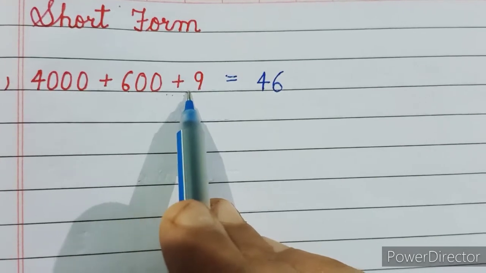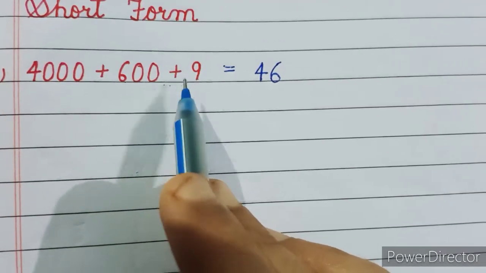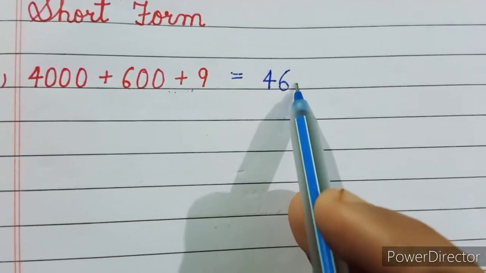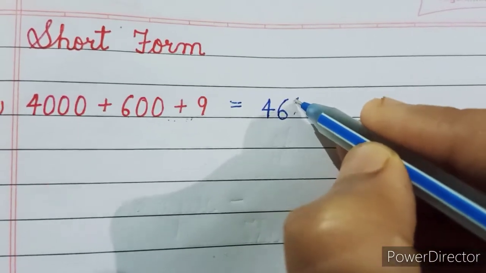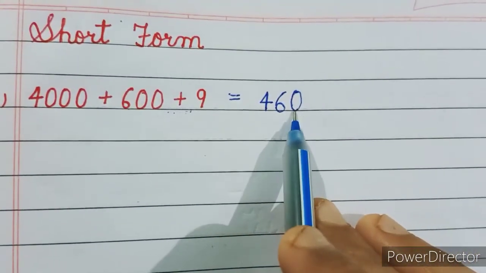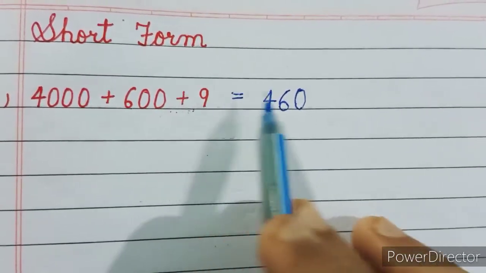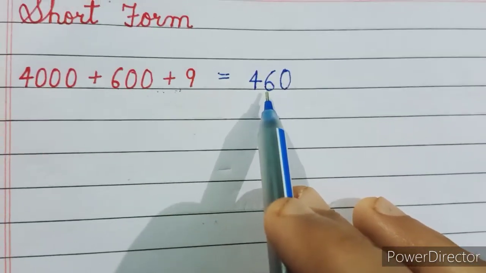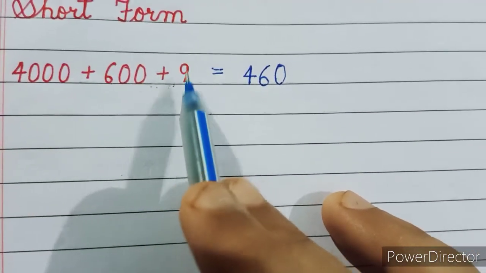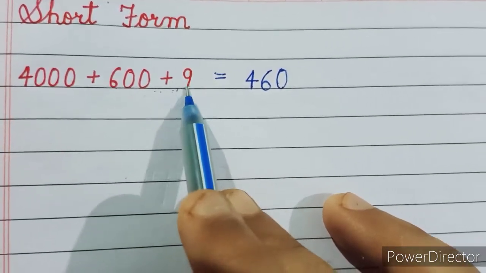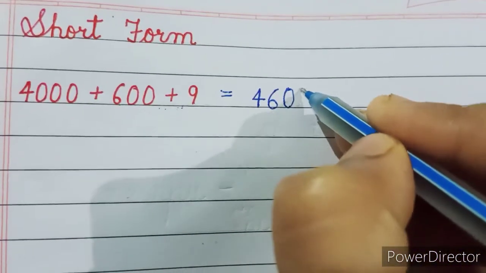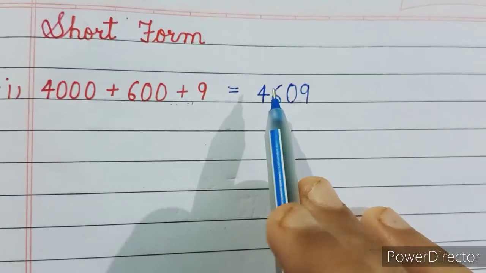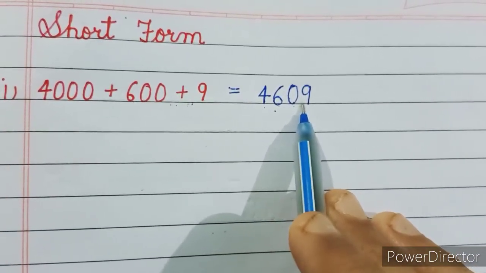As we have already told you, when there is no number at any place, then we put 0 on that place. So we will put 0 here. Now we have 9 ones, so we take 9. So it is now in short form: 4609. Clear?